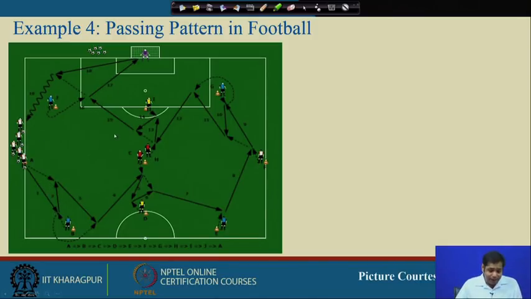Now you see, all these passes are numbered 1, 2, 3, 4 and so on, and here A, B, C, D are the different players, and it is shown in which order the ball should go from one player to another player. Now our objective is to make the goal.